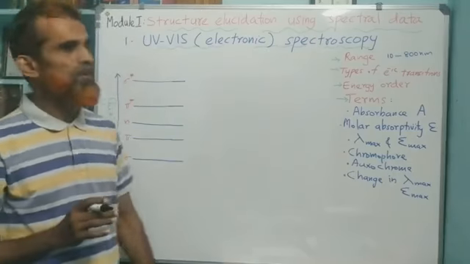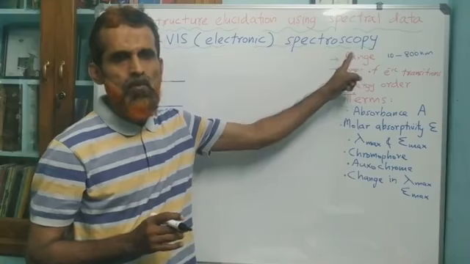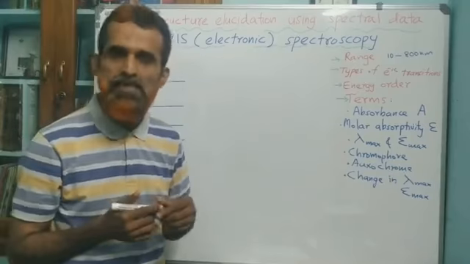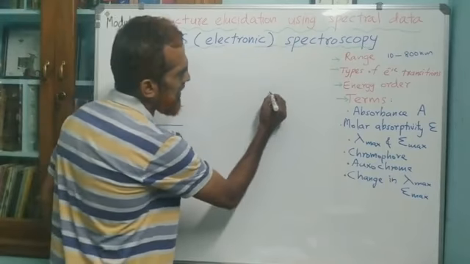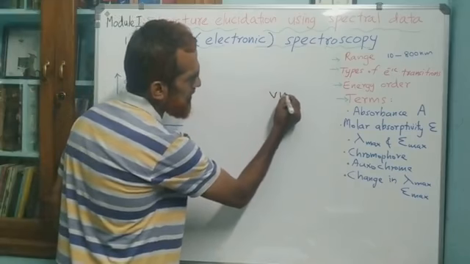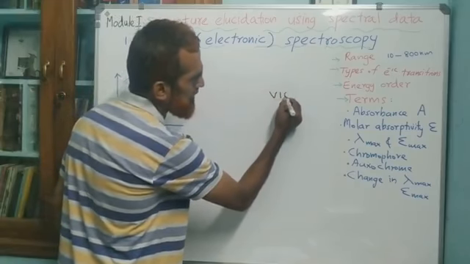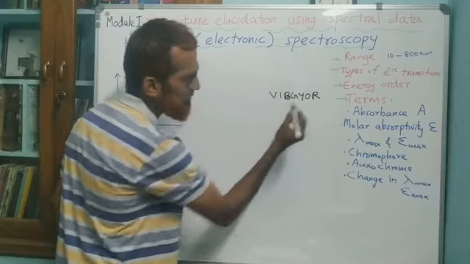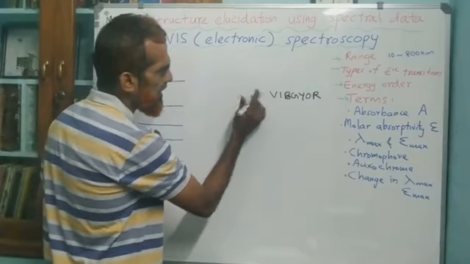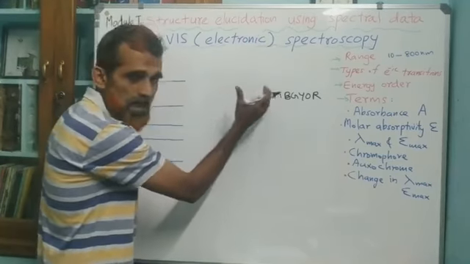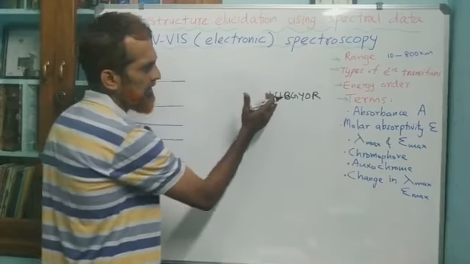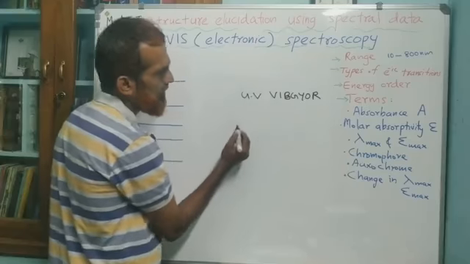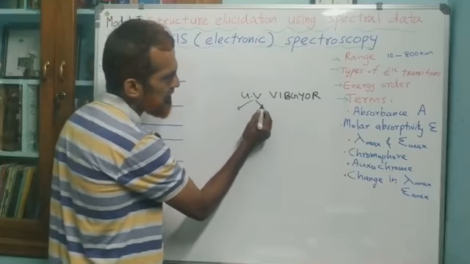In a molecule, first of all, let us discuss what is the range of this UV visible radiation used for this study. When we take the electromagnetic spectrum, you can see the visible light, that is VIBGYOR, that is the visible range, and the radiation having wavelength less than violet is called UV, ultraviolet, which is of 2 parts.